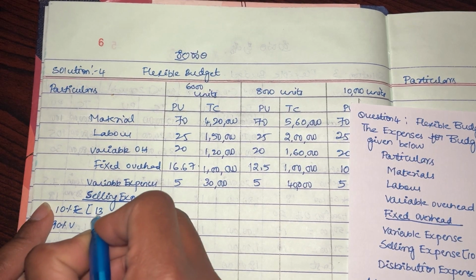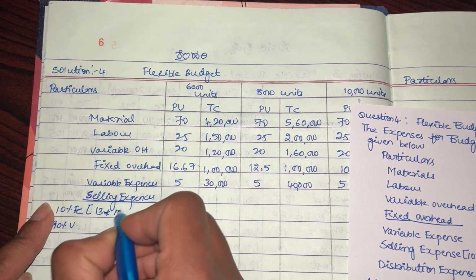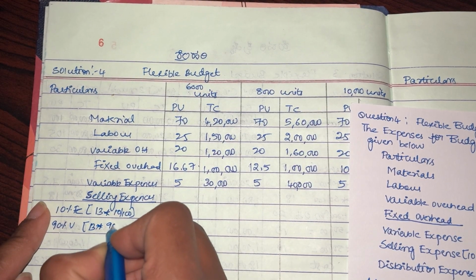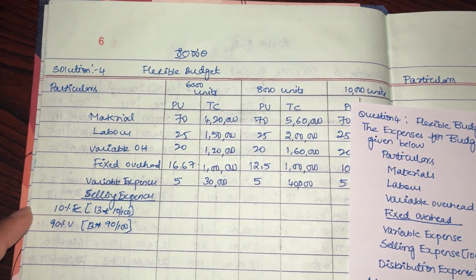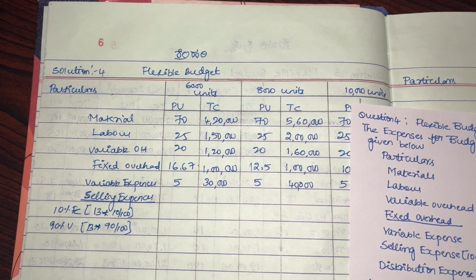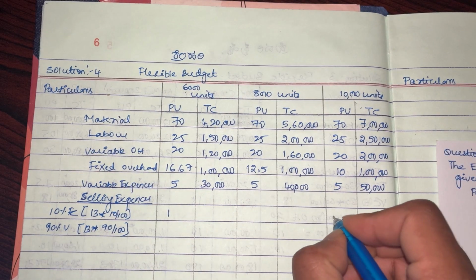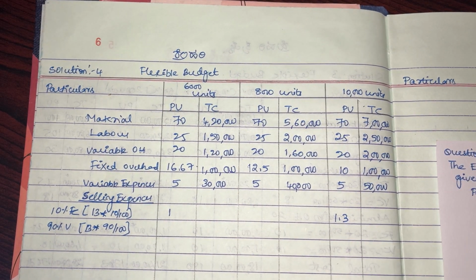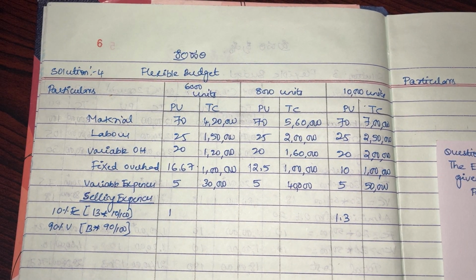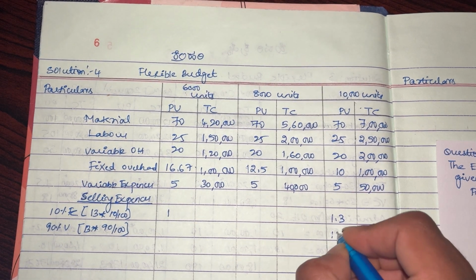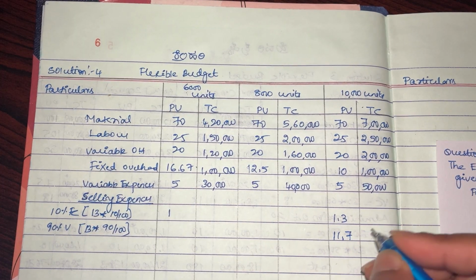So 13 into 10 divided by 100, then 13 into 90 divided by 100. So how much does it come to? 13 into 10%, 1.3 will be the fixed cost. Then 13 into 90%, 11.7 will be your variable cost.